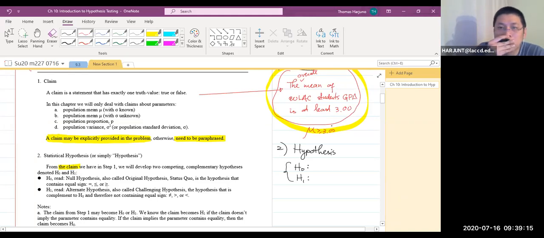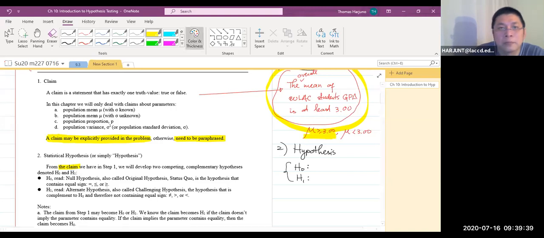Now then, this claim will give us two competing hypotheses. Either mu is greater than or equal to 3.0, or the complement, mu is less than 3.0. The claim is here.